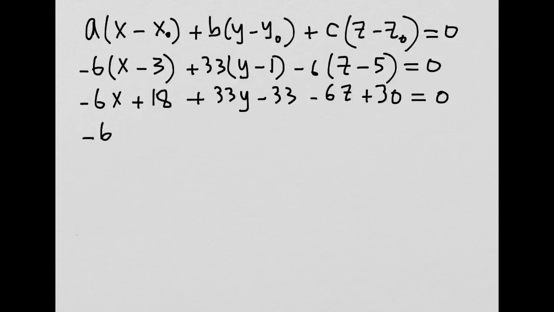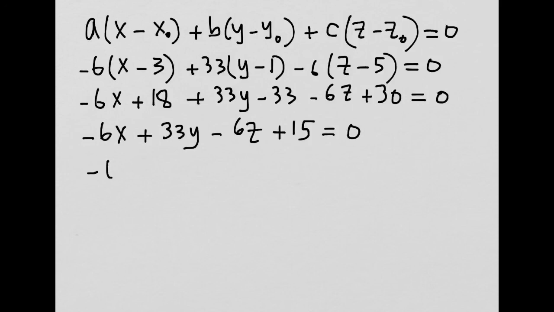That's minus 6x plus 33y minus 6z, minus 33 plus 18 plus 30, that's plus 15, equals 0.